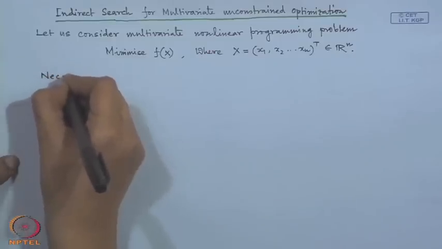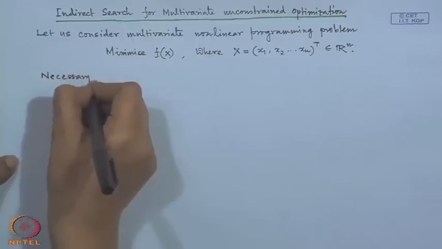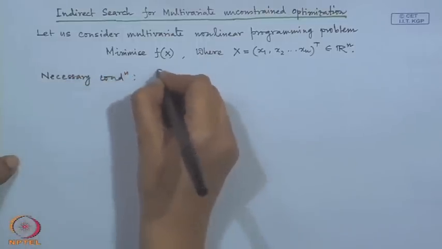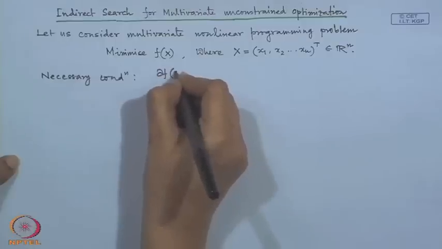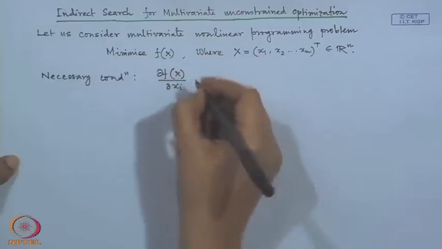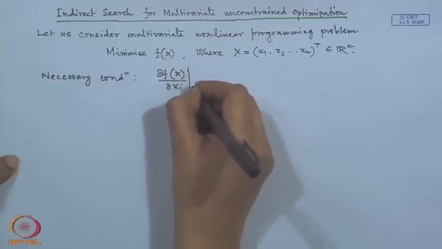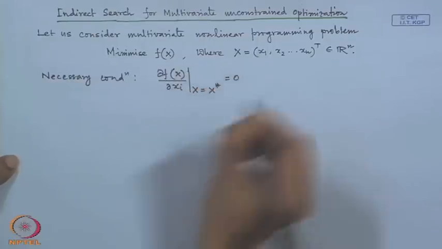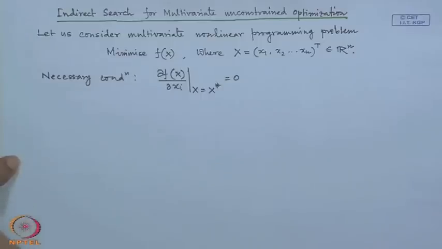The necessary condition is del f(x) divided by del x_i, and this value is equal to 0 if x star is the optimal solution. Through this necessary condition we are finding the stationary points where the optimum may lie.